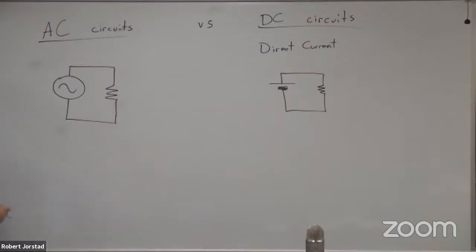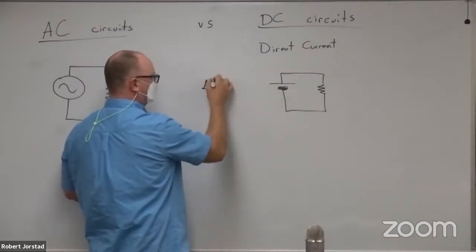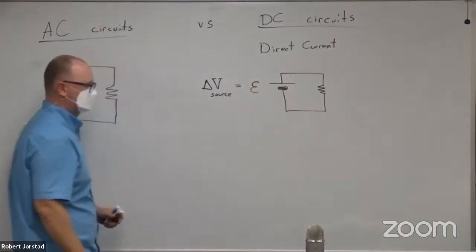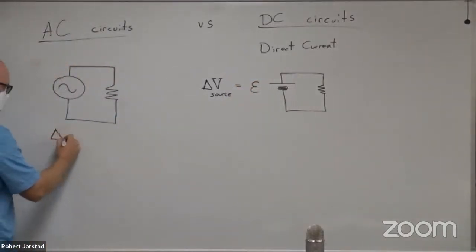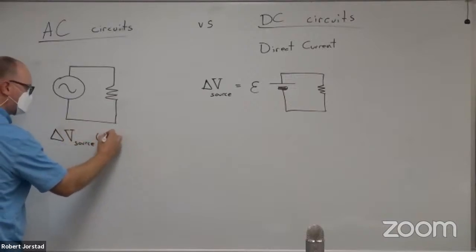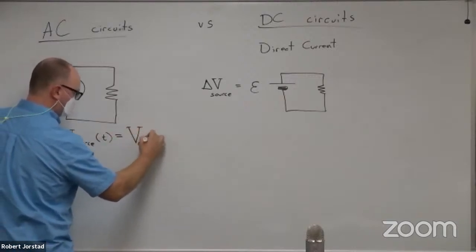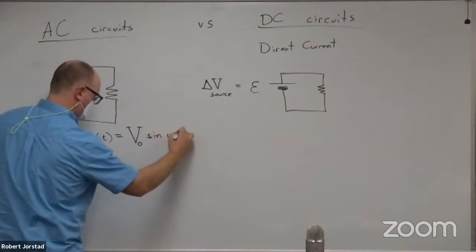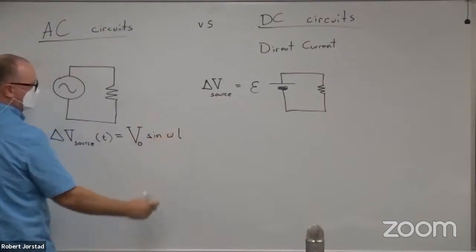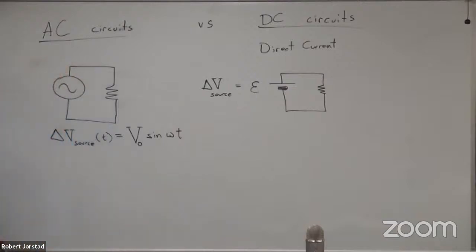So the main thing here is the voltage. In this case, I'm going to say delta V of the source is E. In this problem, delta V of the source is a function of time given by... oh, no, that's not omega naught. This is omega, and I'm going to explain about this next time. It's one of the most common mistakes.